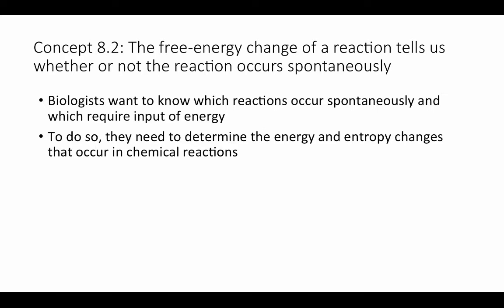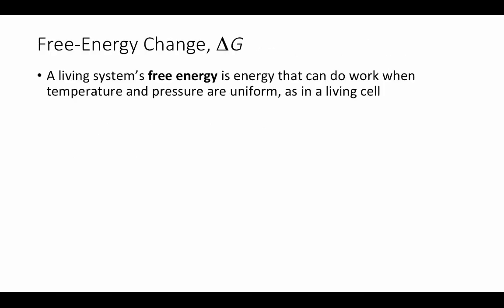For our purposes, we're not going to actually quantify this, but we're going to give you the equations that guide it so that you can make a qualitative determination of whether energy is increasing or decreasing, entropy is increasing or decreasing, to be able to understand this idea of the free energy change. So the free energy change, the symbol that we use is a delta G.